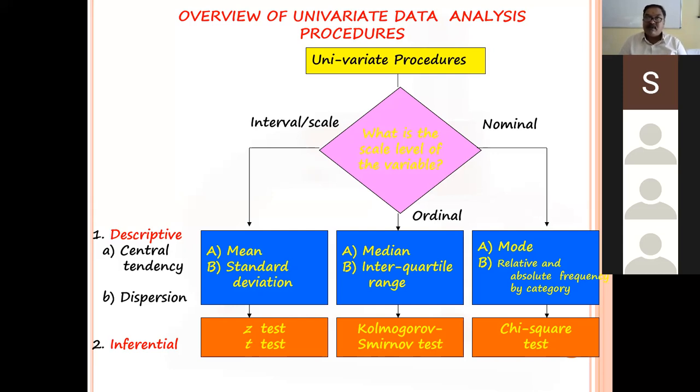Marks is a single variable. If you have marks as a variable, you have assigned marks to students. So you have conducted a test for 20 marks, and 60 or 70 students in your class have scored from 0 to 20, because there is scope to score from 0 to 20, and they have scored.